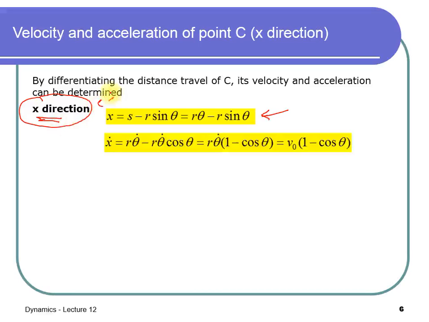After the time derivative of this equation, you will reveal another equation: r theta dot minus r theta dot cos theta. You know that r theta dot is actually v, velocity.